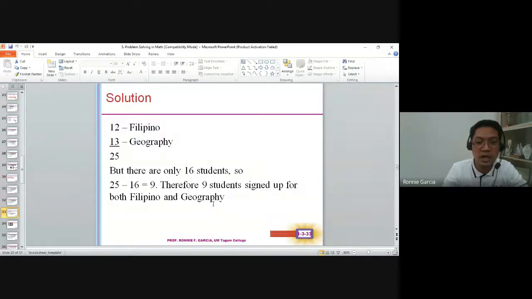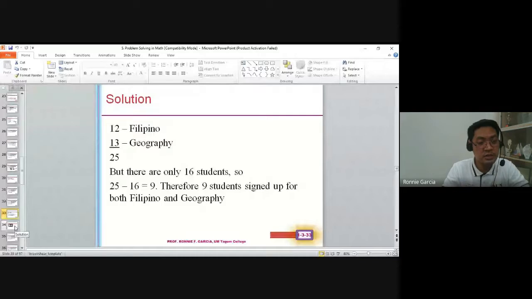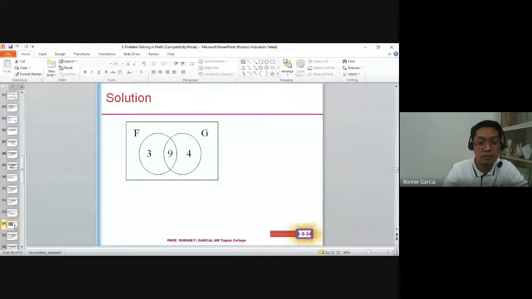Kay gusto jud nila duha, gusto nila ang Filipino and geography. So i-represent nato siya sa Venn diagram para dili mo malibog. F represents Filipino, G is for geography.